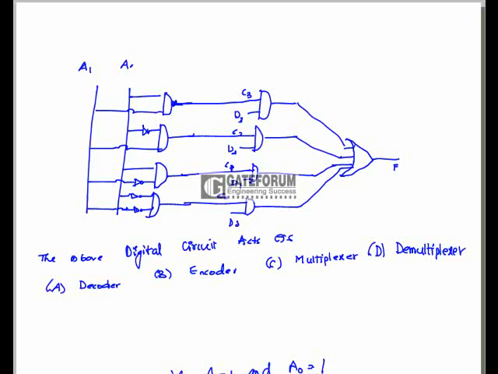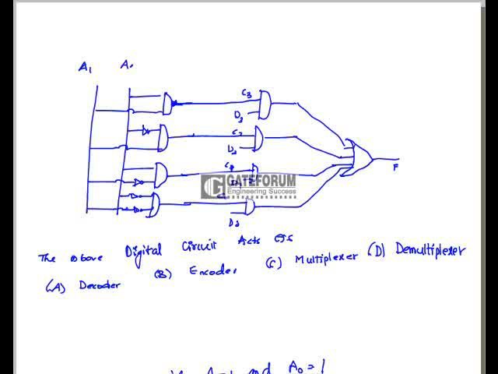Here the circuit is given in the figure. We have to decide what kind of function it's going to perform, whether it is going to perform decoder or encoding or multiplexing or demultiplexing. See here, depending upon A1 and A0, D3 or D2 or D1 or D0 are going to be passed.